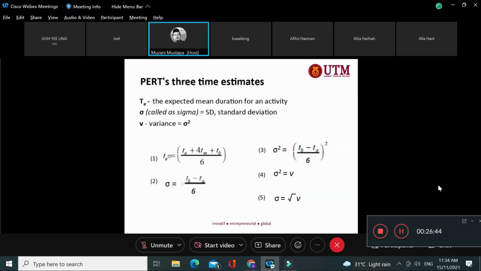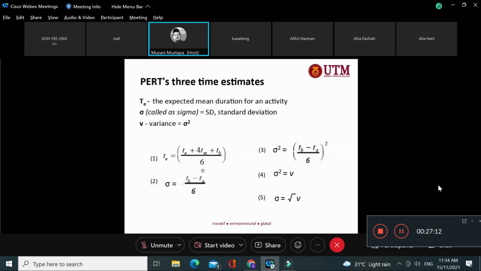Remember, this is equation number 1. You can see TE is TA, where A stands for optimistic, meaning if the activity can be finished early, this is the number. TM is the most likely completion. You multiply it by 4, and then add TB, the pessimistic, and then divide by 6.